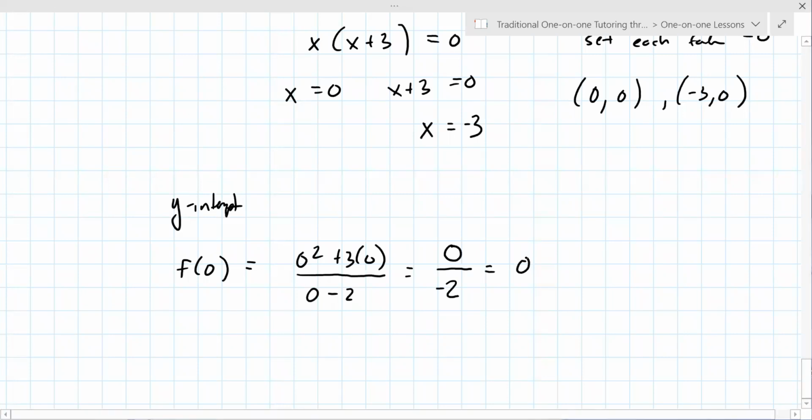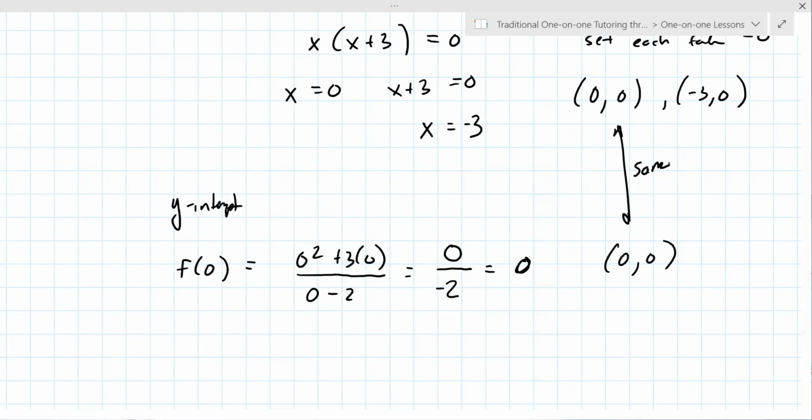But it's all kind of there. It's not like you left it blank and had no idea where to start. You started all these problems correctly. So that means that when x is 0, y is 0. Notice these are the same. If you do this enough, you notice these patterns: if there's an x-intercept that goes through 0, 0, that's where the y-intercept is.